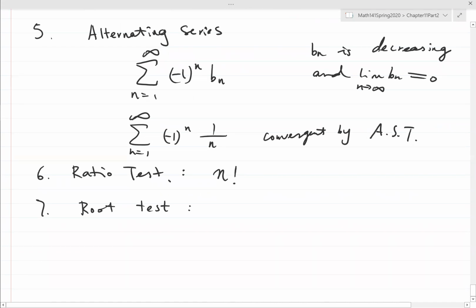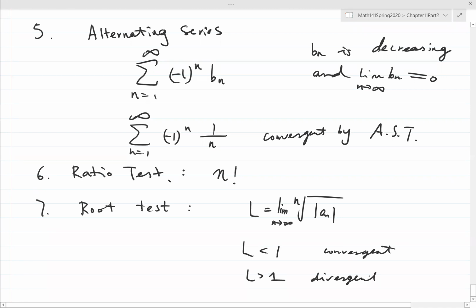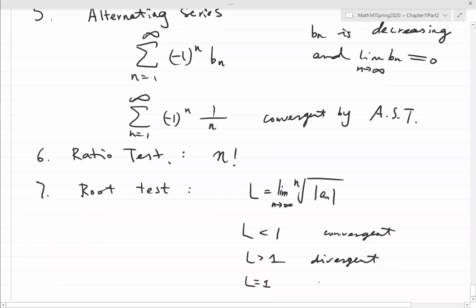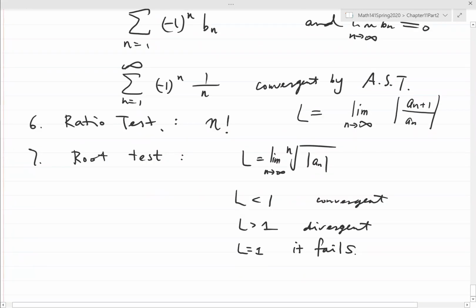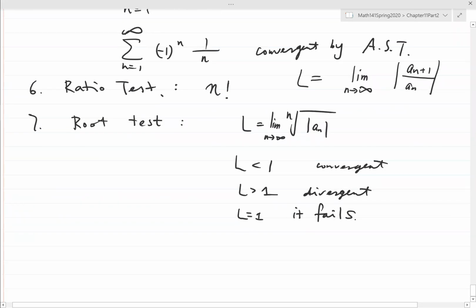For the root test, we let L be the limit as n approaches infinity of the nth root of the term. If L is less than 1, the series converges absolutely. If L is greater than 1, it diverges. If L equals 1, the test fails. So this is the root test. For the ratio test, we let L be the limit as n approaches infinity of the ratio of two adjacent terms. Same conclusions for L less than 1, L greater than 1, and L equal to 1. So these are the ratio and root tests.